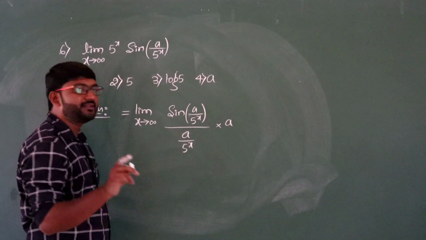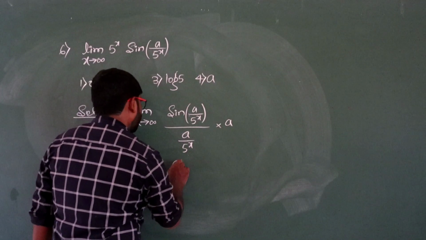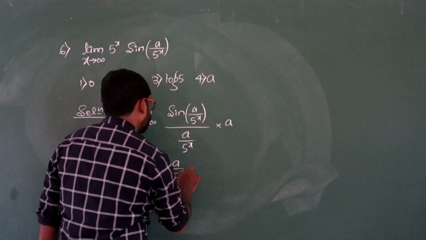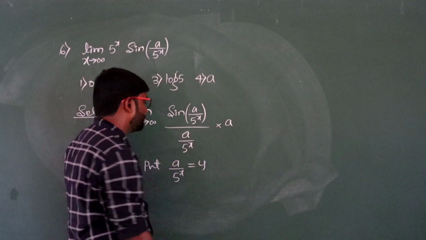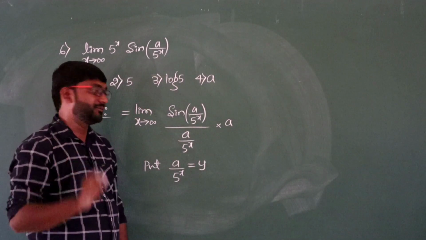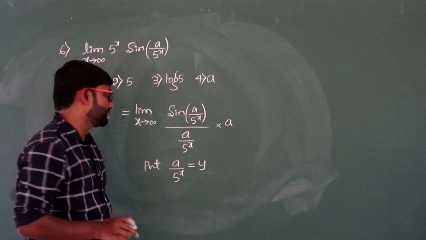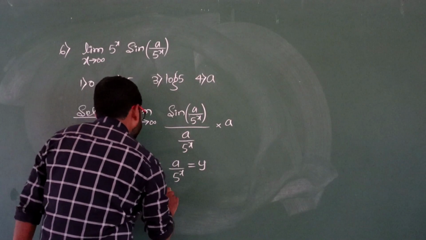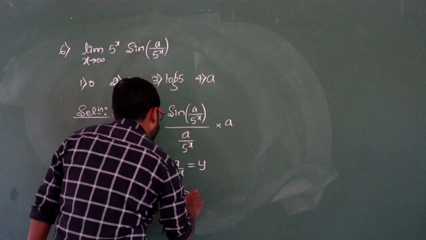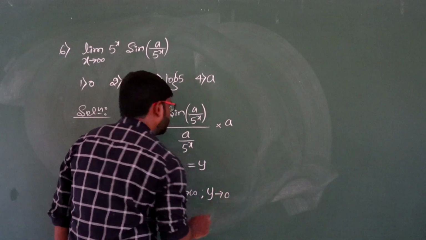Before that I will go for the substitution. Put a by 5 to the power x equal to y, or z, any variable. Now whenever you go for the substitution, the limit will also change. As x tends to infinity, y tends to 0.